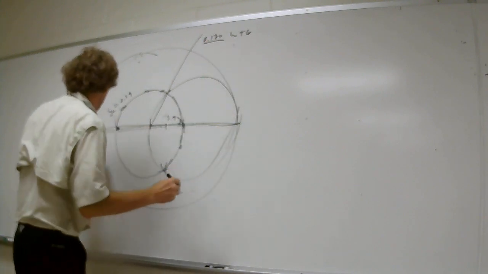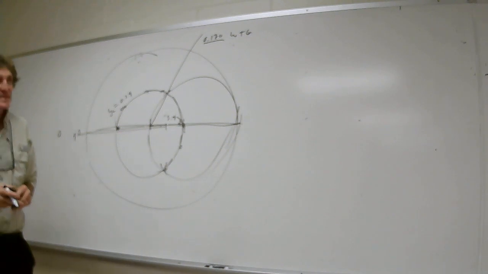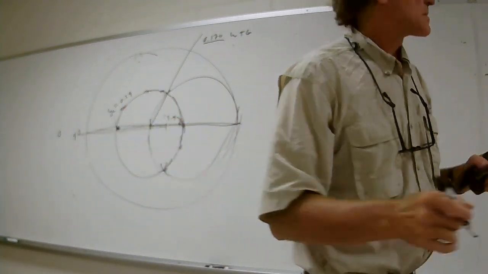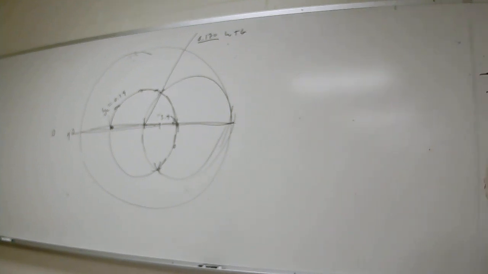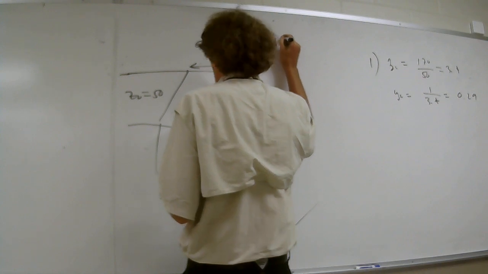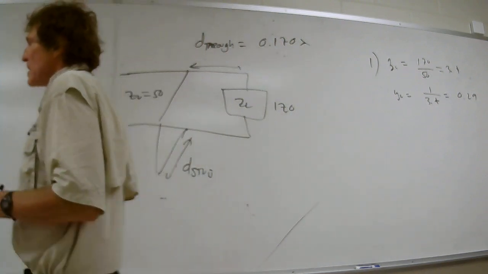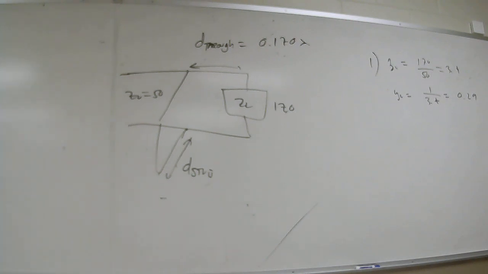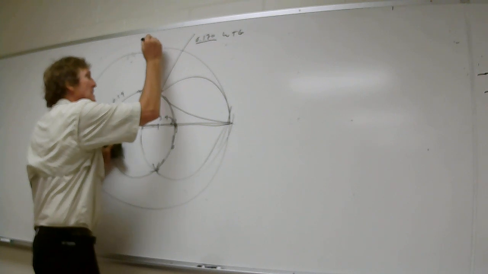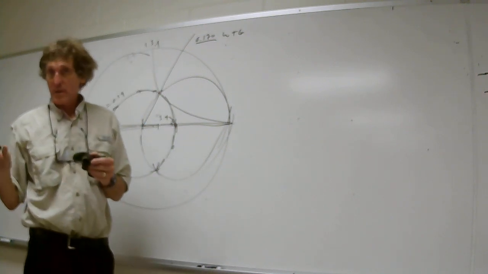All right, now you'll realize we started at 0 wavelengths towards generator here. So that's the length of the through line. Everybody agree with that? So it's 0.170 lambda. Now for the stub, I take a look at this, and I have an imaginary part of J something. What is that? 1.3? You with me, class?